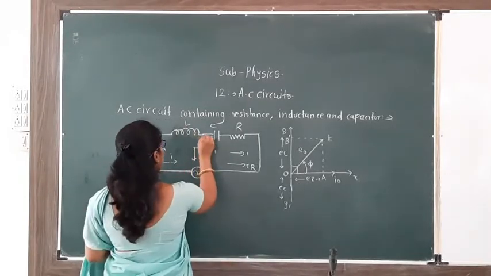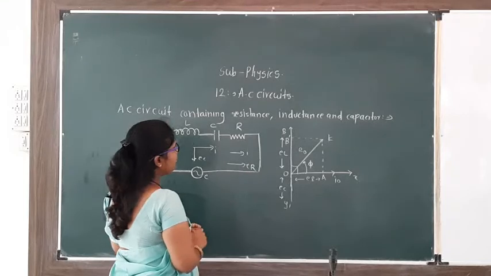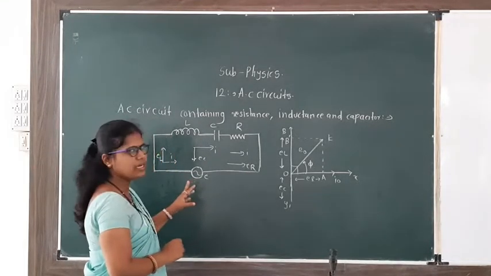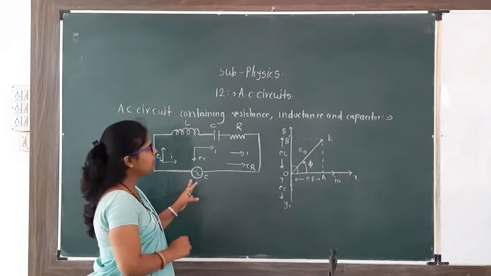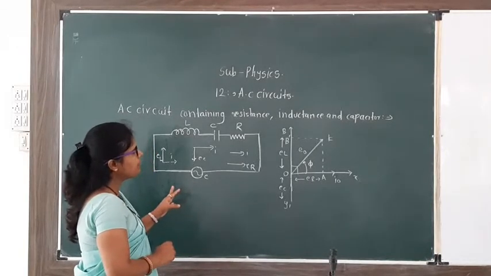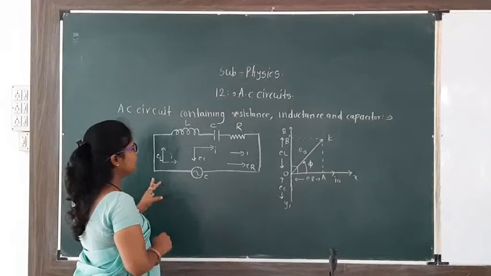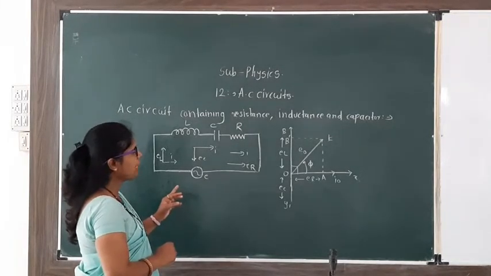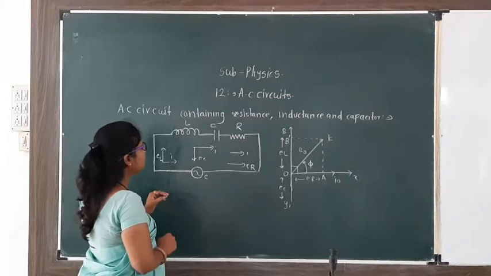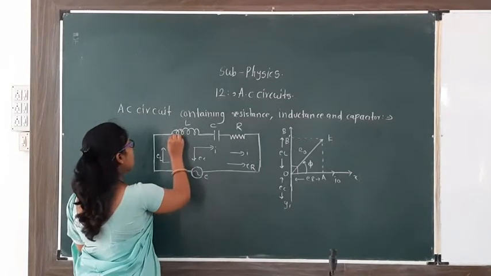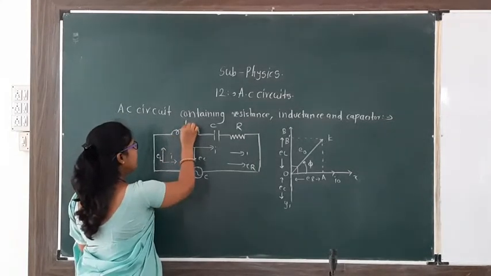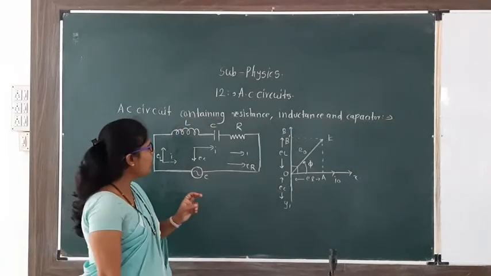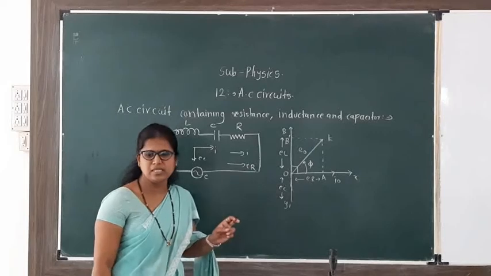In the last lecture we saw separate elements connected across the AC circuit: resistance connected across the AC circuit, inductor connected across the AC circuit, capacitor connected across the AC circuit. Today we are going to learn all three, resistor, inductor and capacitor, connected together in series.